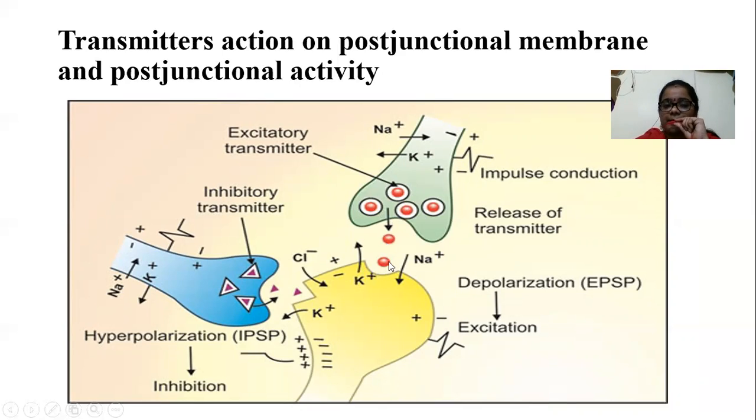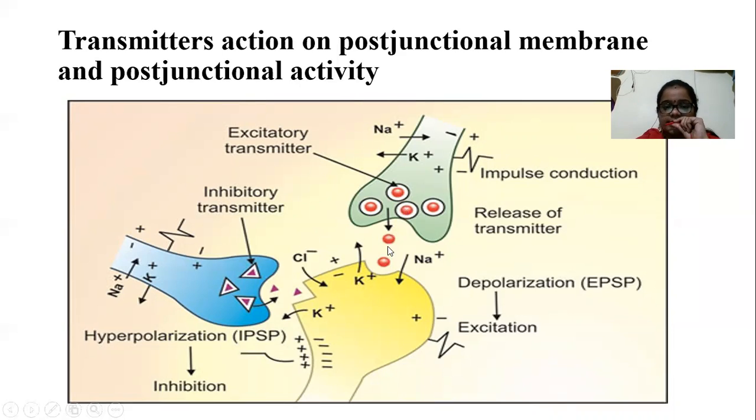Then what will happen? Depending upon the nature of the neurotransmitter, there is a binding with its respective ion channels. For example, this one is an excitatory neurotransmitter. This red colored round is the excitatory neurotransmitter.